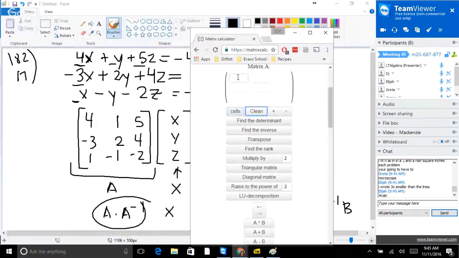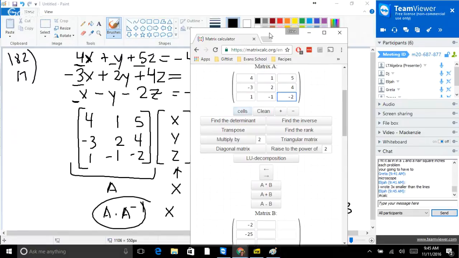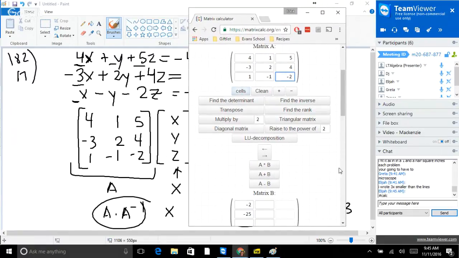Matrix A is going to be 4, 1, 5, negative 3, 2, 4, 1, negative 1, negative 2. And let me scroll here. It won't let me scroll over.